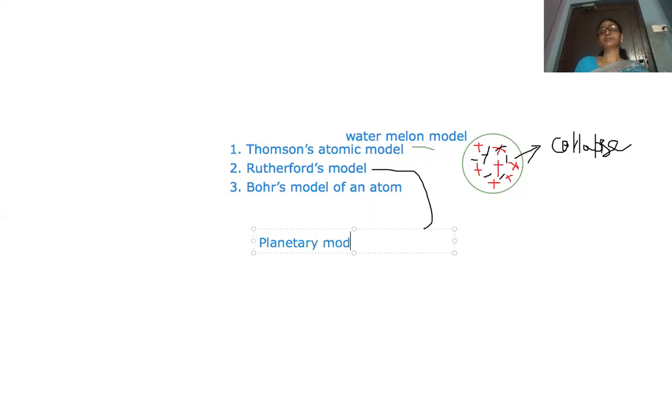What does the planetary model explain? Imagine this is a nucleus present at the center. He said that the electrons revolve around the nucleus in circular orbits.